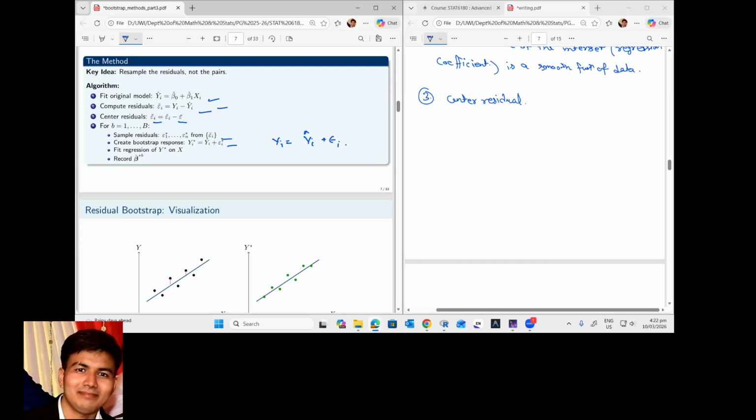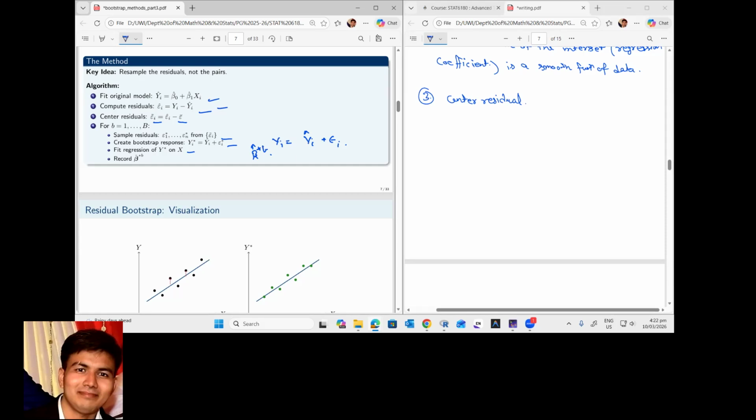After that, in the third part of the fourth step, we fit the regression model. We regress the bootstrap response y star on the original x, and this gives us the new coefficient beta cap star b.